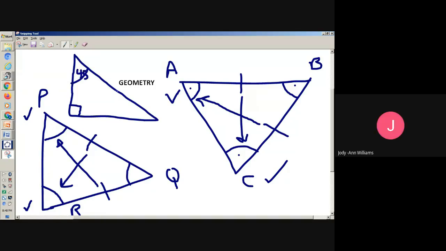Right angle triangle. Yes, you're half right. Boy, you know this. It's 45 and 45, isn't it? So what else do you know about this triangle, apart from the fact it's a right angle triangle? It's an isosceles triangle.